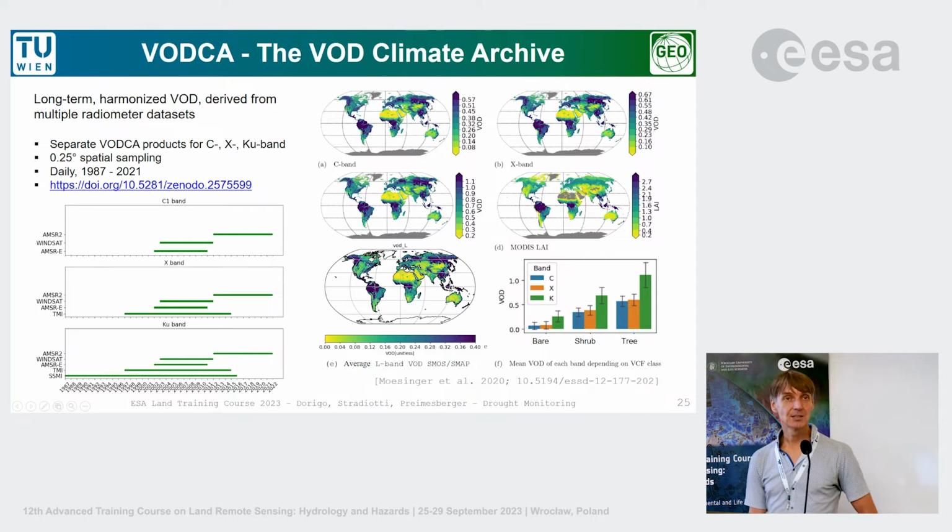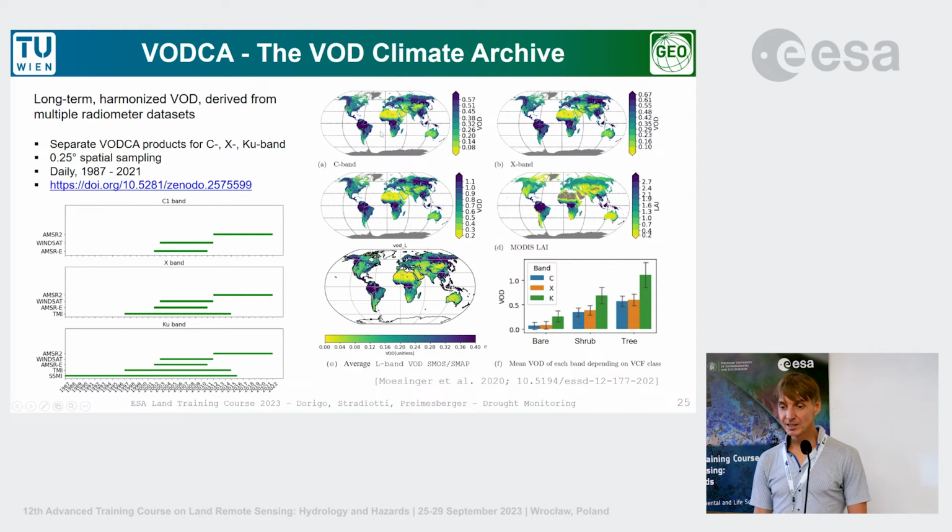And what you can see here is what I told you before. These are the spatial patterns of VOD, and they look very common if you ever had a look at the globe, and I think you all did. You have higher VOD values in more densely vegetated areas, in the tropics, the boreal forests, Southeast Asia, and very low values, of course, in the desert regions.